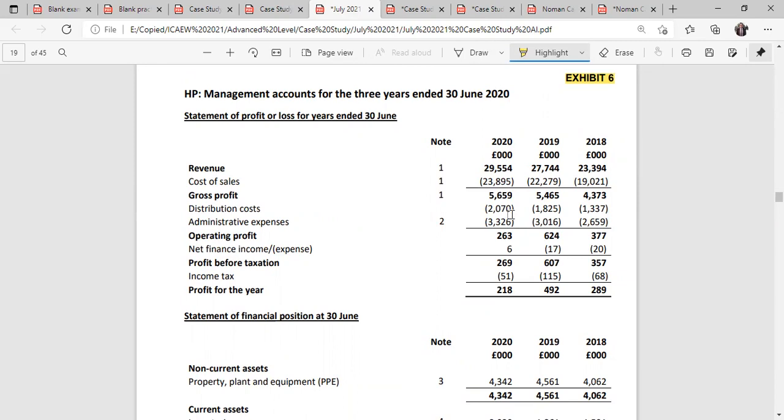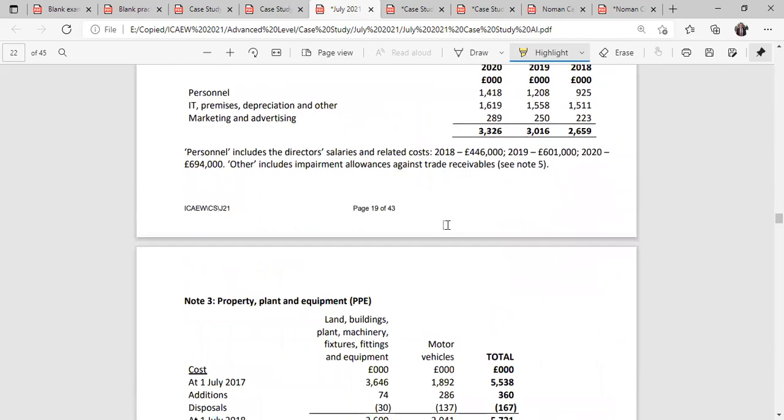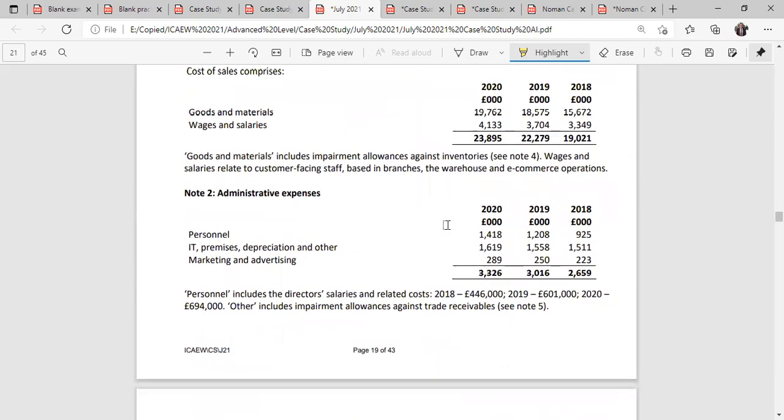Obviously we will analyze and explain, but not in much detail, such as what we mean by distribution cost and what is included in it. Then we have administrative expenses, note 2. We can comment on personnel, IT premises, marketing and advertising, and then we have some detail. These management accounts were analyzed in our advanced information session.